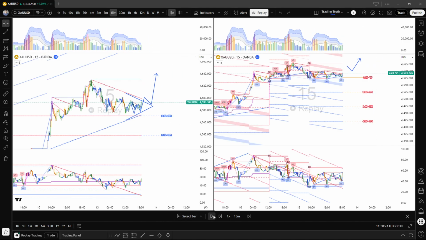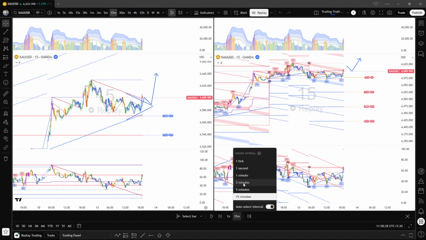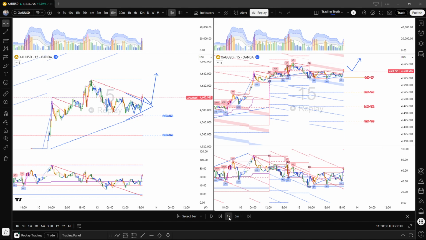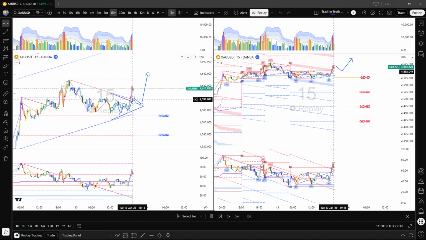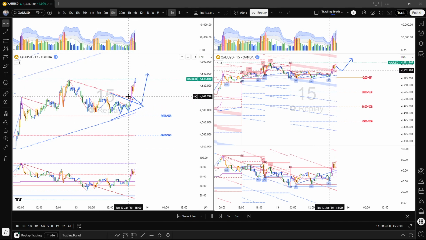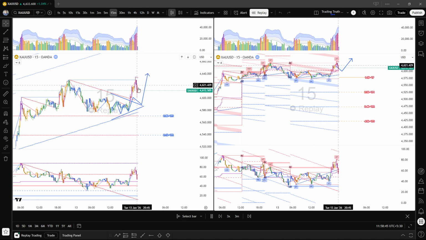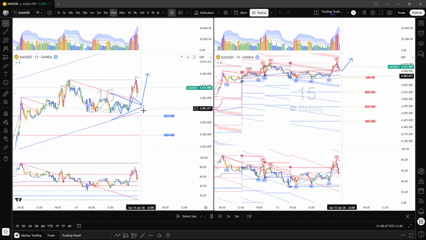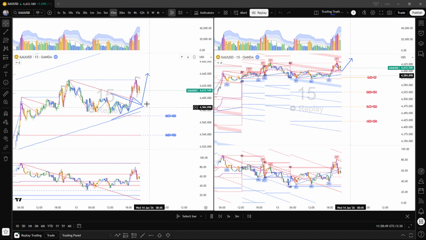So you can see here, I'm going to add a 3 minute candle with 3x speed. And you see, the market did break out of this descending trend line and it just went to this high. Then on the pullback, it comes back here, right?